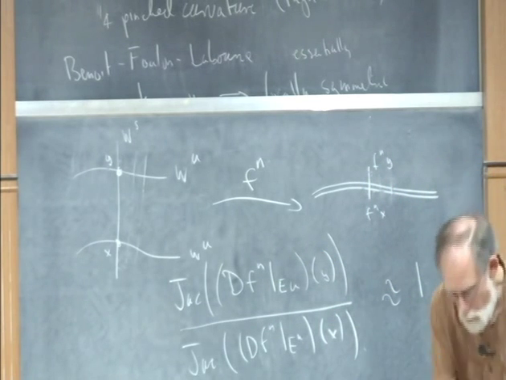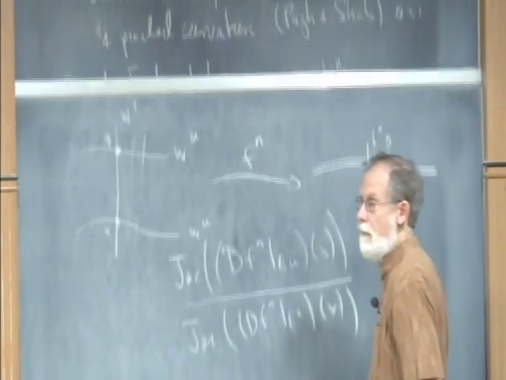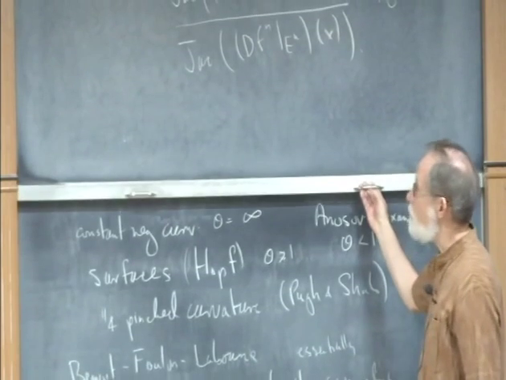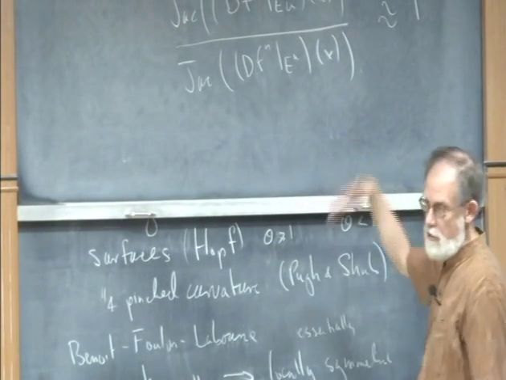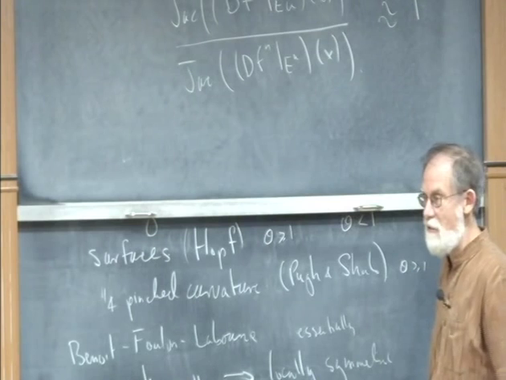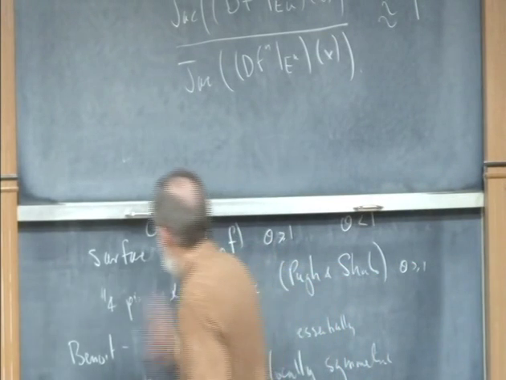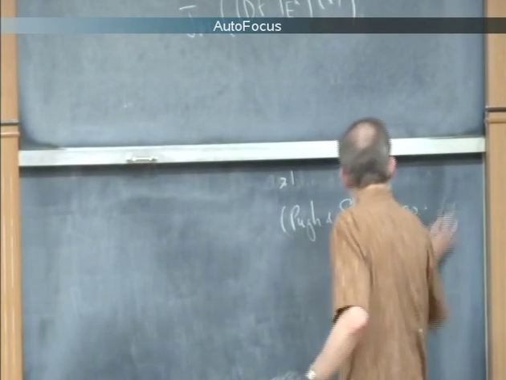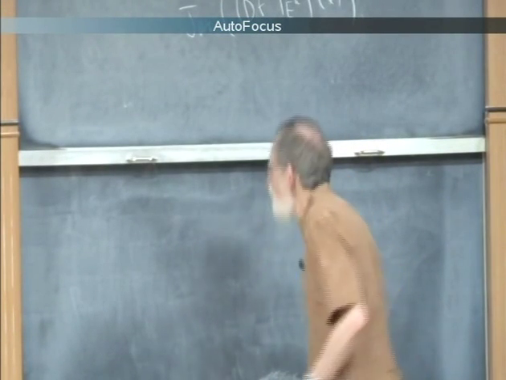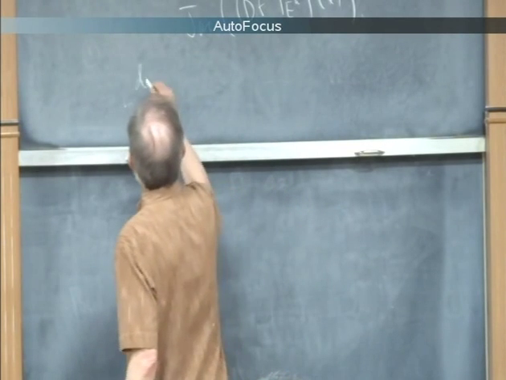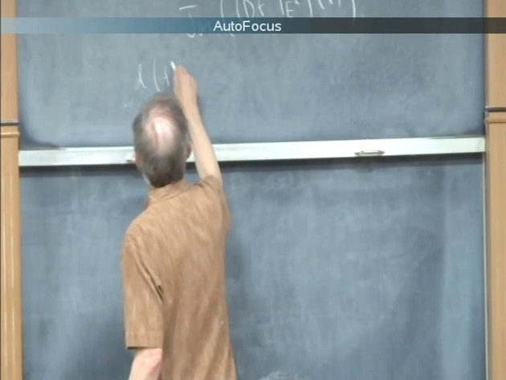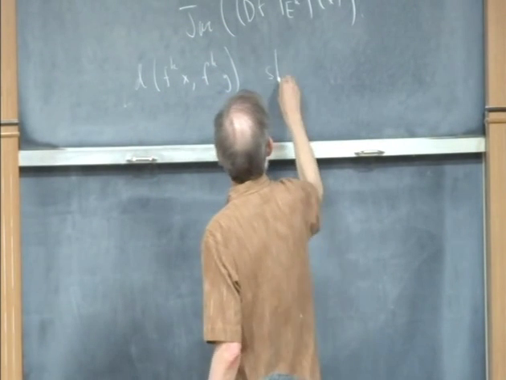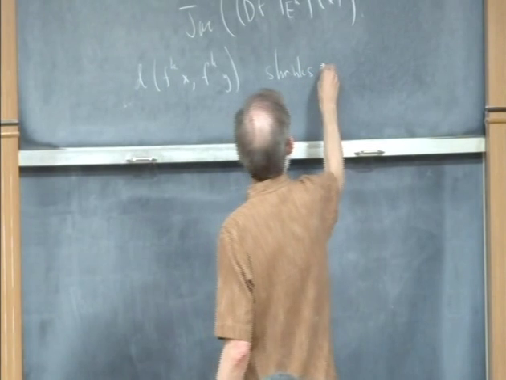So why does this happen? As we've seen from examples, it certainly does not happen because these foliations have smooth leaves that vary continuously. It happens because the distance from f^k of x to f^k of y shrinks exponentially.